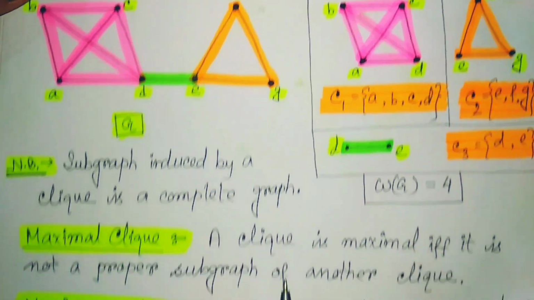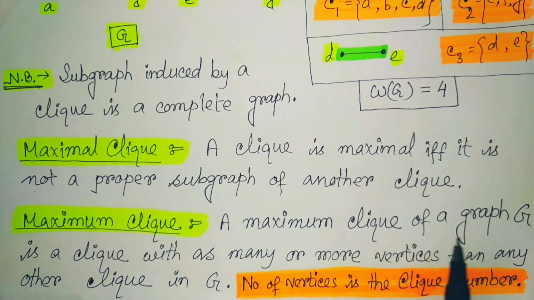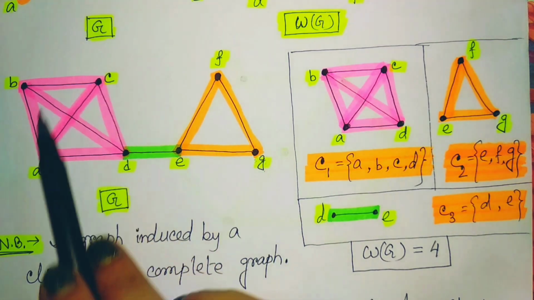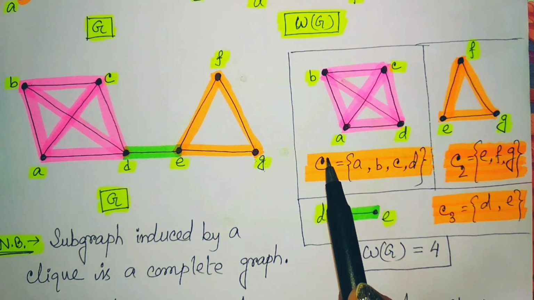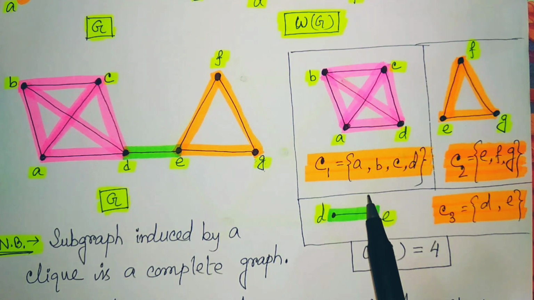Now the maximum clique. What is the maximum clique? A maximum clique of a graph G is a clique with as many or more vertices than any other clique in G. What does it mean? Among all the maximal cliques, the one with the highest number of vertices is called the maximum clique.